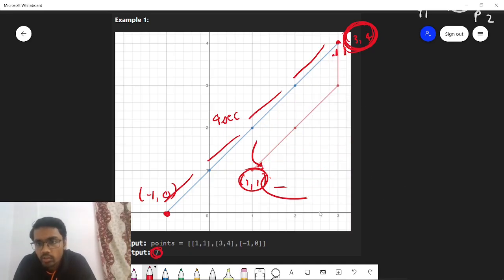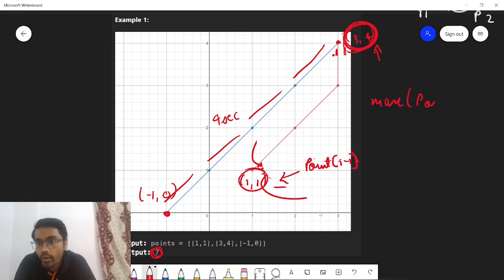So just take the difference. Let's say I am at point I, and this is point I minus 1. So simply take the maximum of both of the differences.